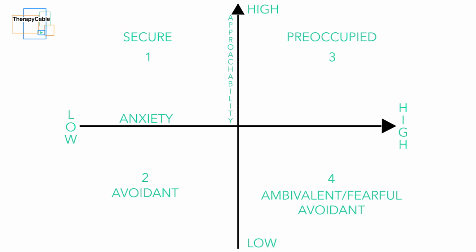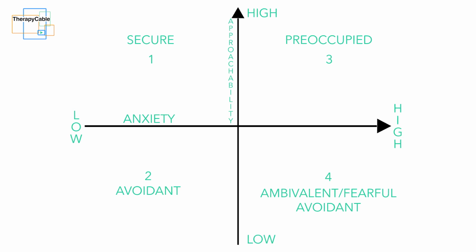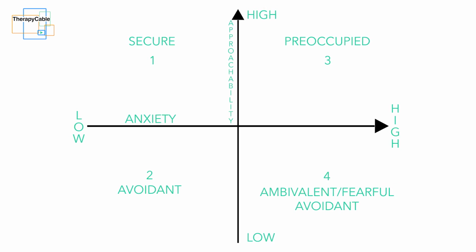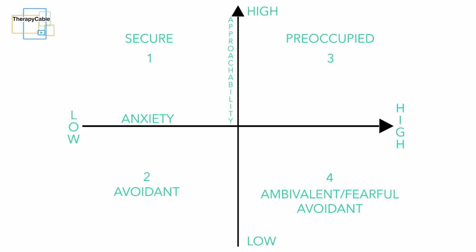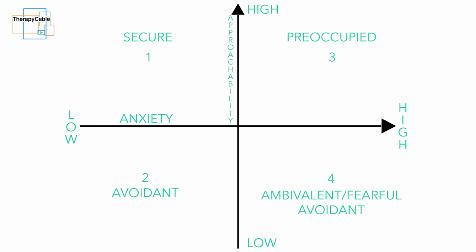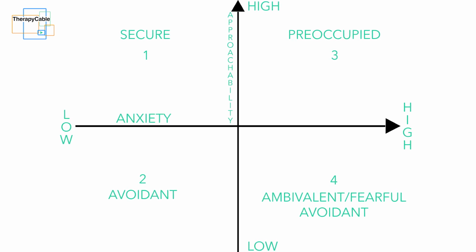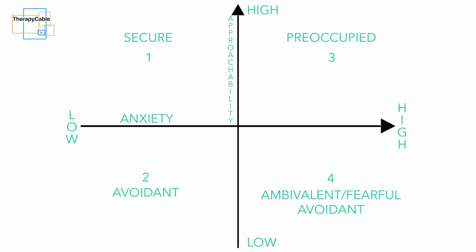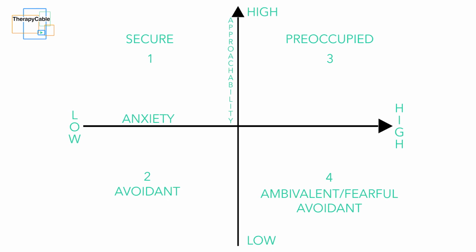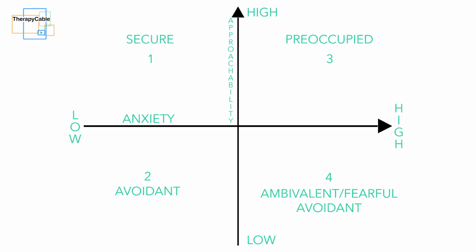For the preoccupied to learn self-regulation, to get to this level of low anxiety, as the secure are already capable of approachability and seeking and desiring relationships. For the avoidant to learn that there is benefit in actually approaching others and resolving issues and conflicts within relationships, and learning the benefit of interacting with other human beings, especially the significant other.